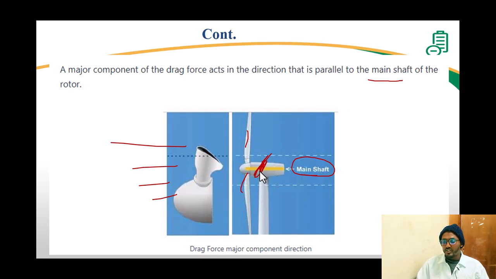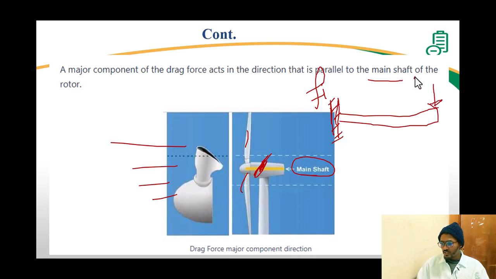If you are familiar with a cantilever beam, when you were studying the mechanics course, this is a beam, right? Let's say this beam is fixed here, and a load of 20 kilonewton is applied here.